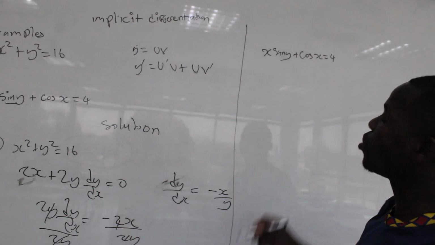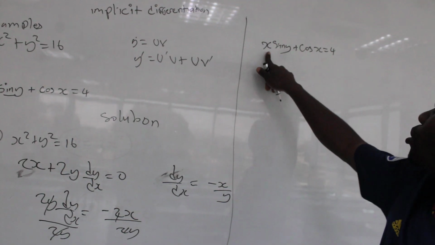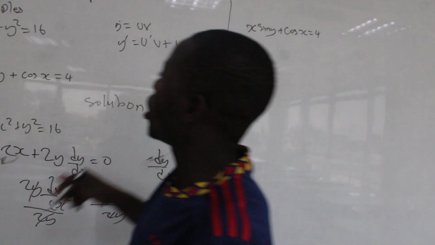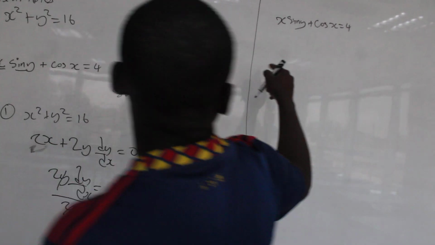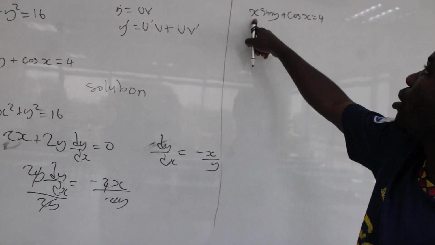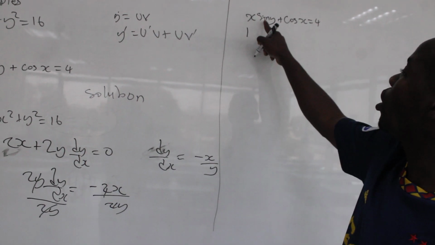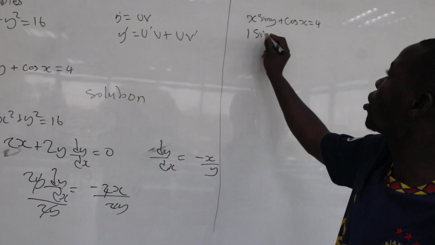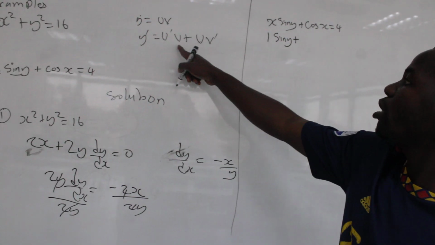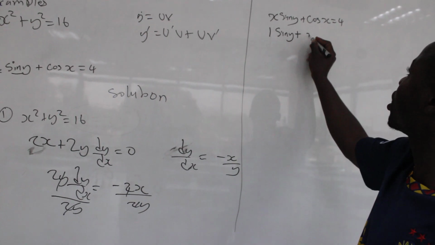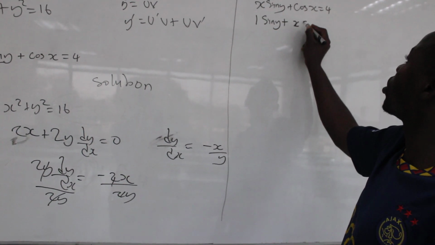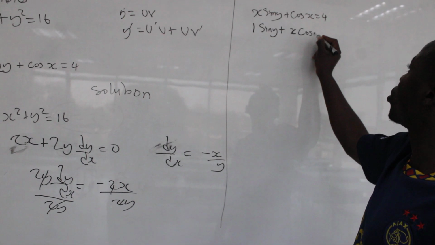So using the product rule, we are going to differentiate this one. The derivative of x is 1. So we have 1, then you maintain sine y, plus maintain x. Differentiate sine y: the derivative of sine is cos y.